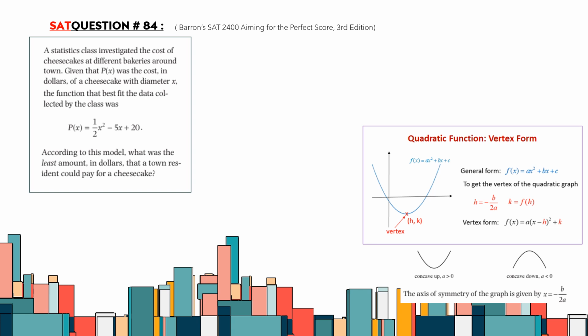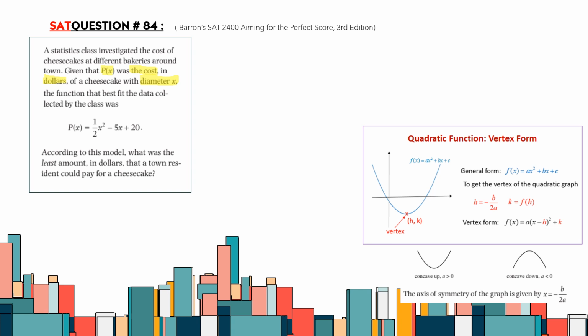So to understand these questions, we have to understand what's given. We have the function P of X, the cost in dollars, and X is the diameter.